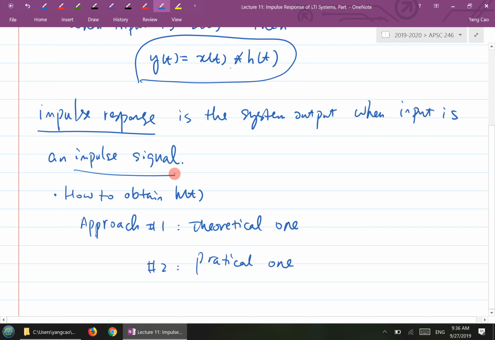However, an impulse signal, as we learned, is a signal that has an infinite amount of magnitude at t equal to 0, right? And that literally is impossible to obtain in an actual practical case, in reality. You cannot have a signal that has infinite magnitude, right? So what can you do? You can only use some input that's approximately acting as if it's an impulse.